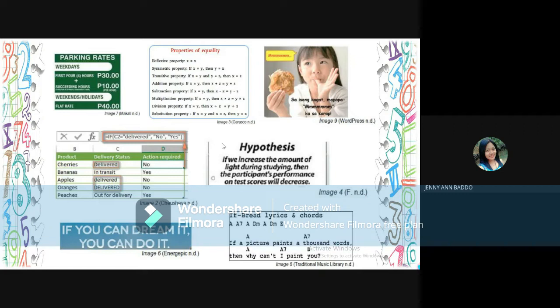These are just some of the many real-life applications of conditionals, which are sentences that present situations and their possible outcomes. Now let's move along and get to know more about conditionals.